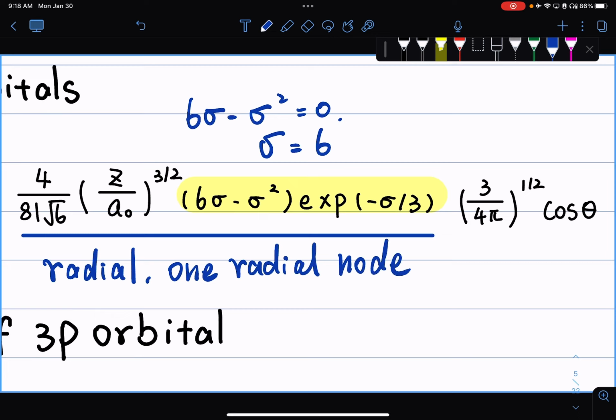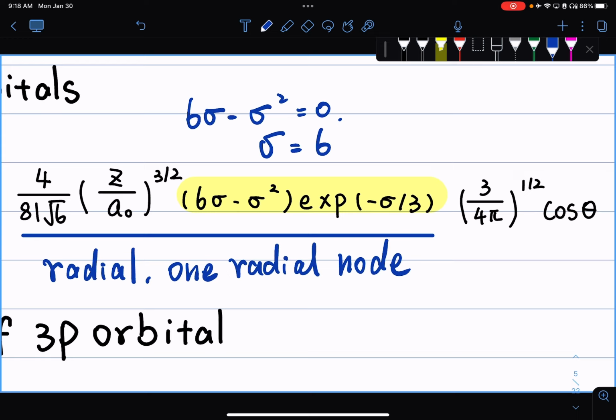All right, so this is what I want you to get from these complicated mathematical equations. Can you tell me how many nodes there are? Can you tell me the position of your radial node by just looking at the wave function itself?